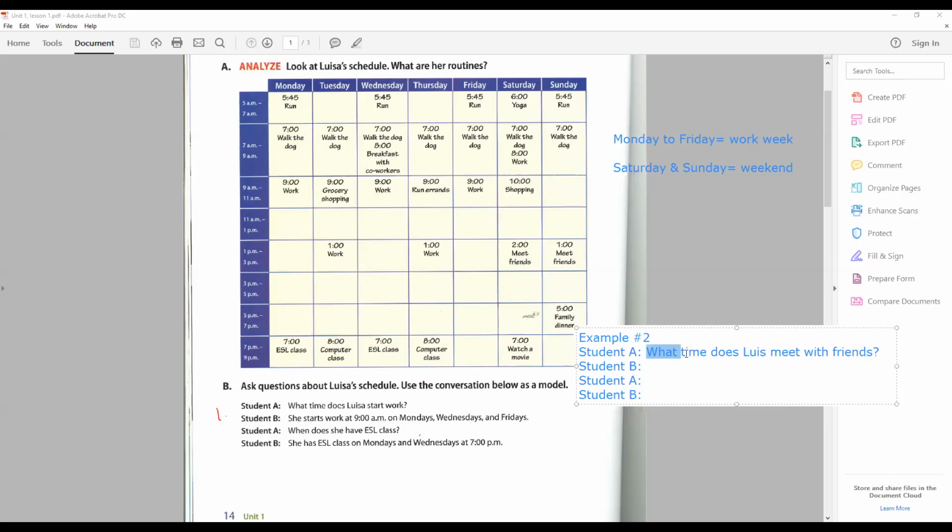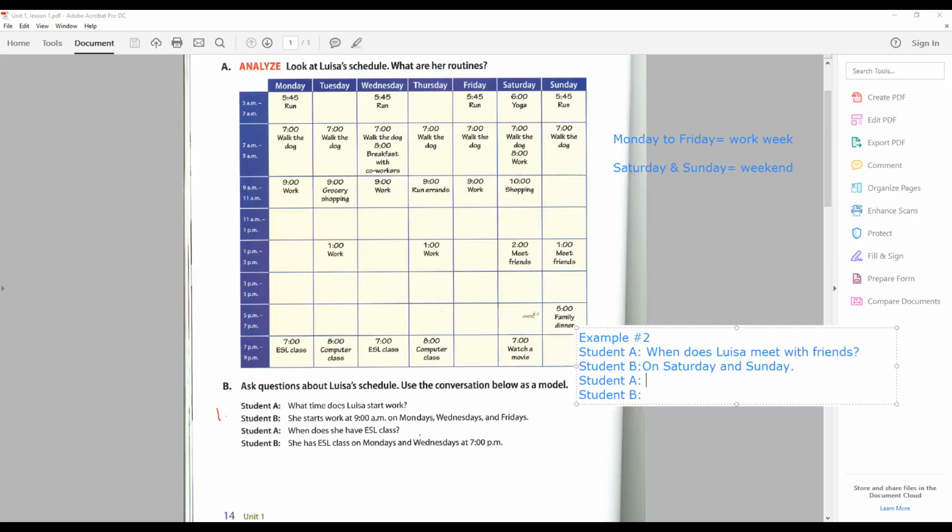So we can actually say when instead of what time. Instead of saying what time, because the times are different, so Saturday's at 2, Sunday's at 1, we can actually say, when does Lisa meet with friends? And we can just say on Saturday and Sunday.